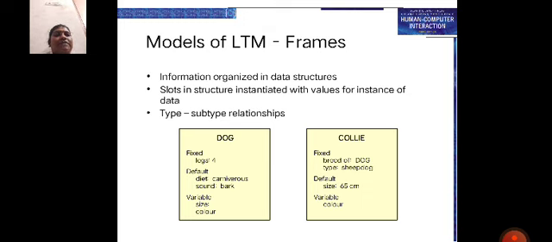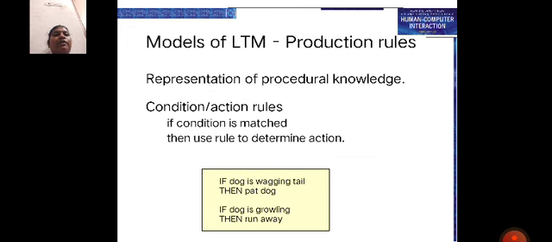By default height will be 65 centimeters, and color is variable. And for production rules, if a dog is patting its tail, we pat the dog, and if it is growling then run away. Based on the expressions it is showing, we have to determine our action.